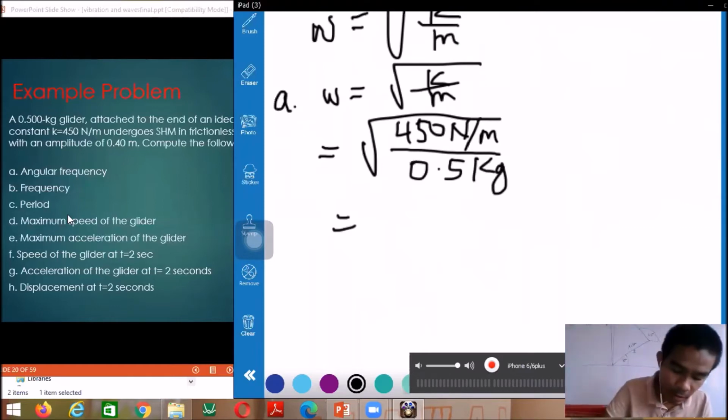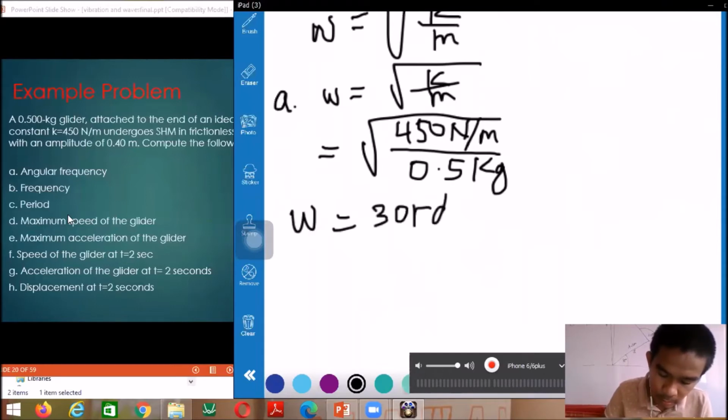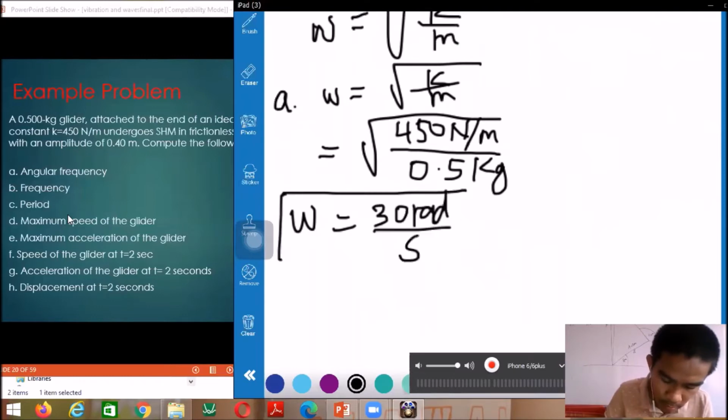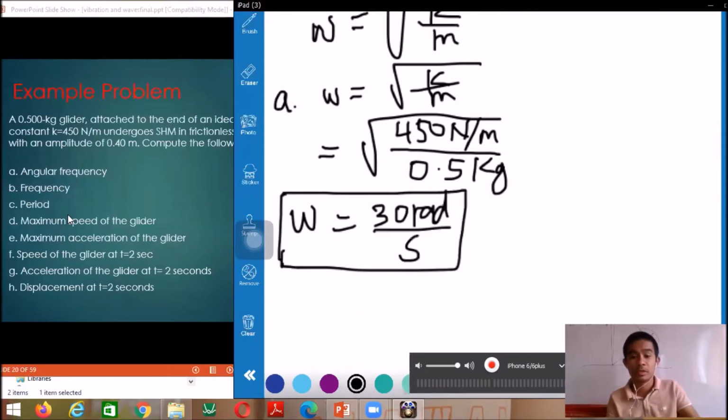Then we have the angular frequency equals 30 radians per second. So it can rotate 30 radians in 1 second. For an object rotating, it can rotate 30 radians every second.